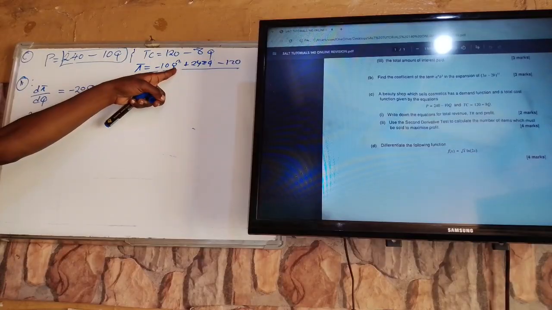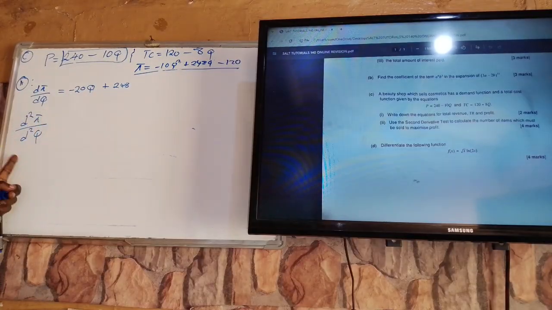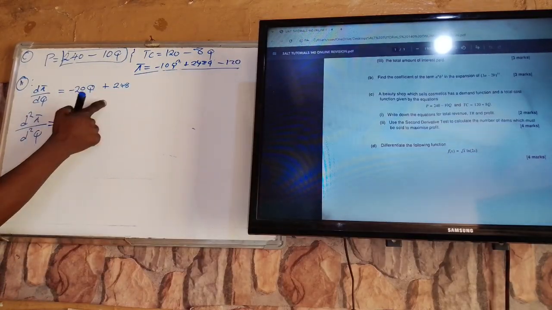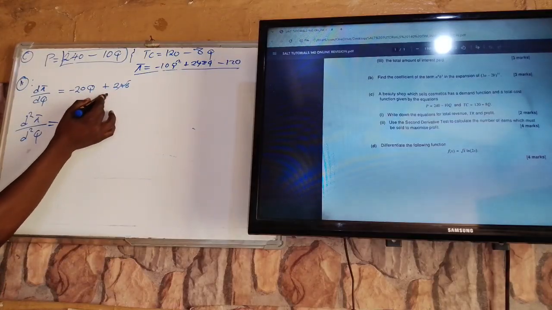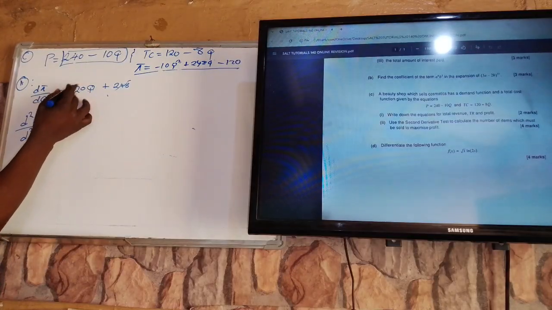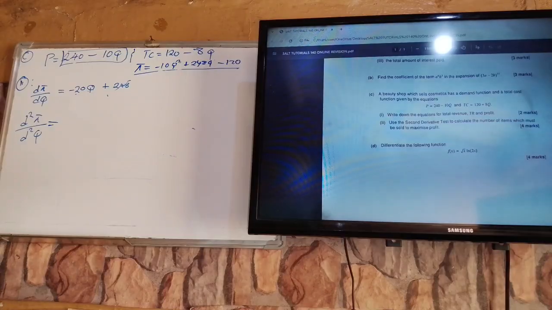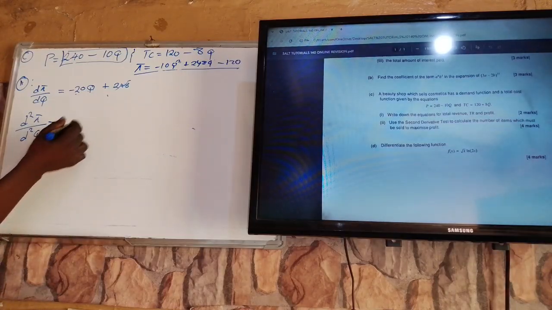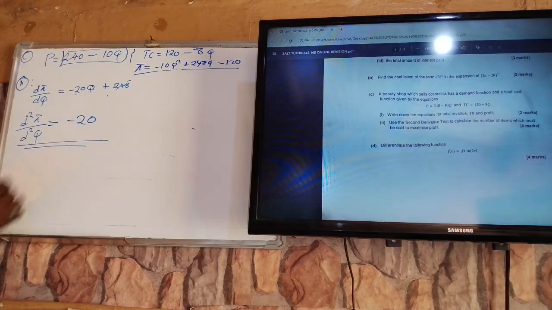So the first time it drops to this, then the second time we differentiate again with respect to q. This is a constant. Differentiating it, it will drop. It means I'm going to have negative 20 here as my second derivative.